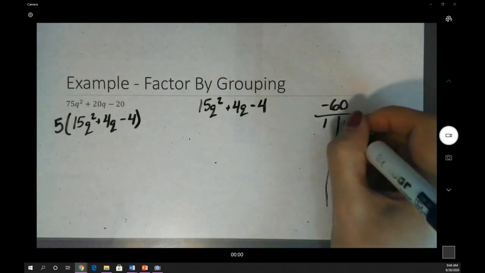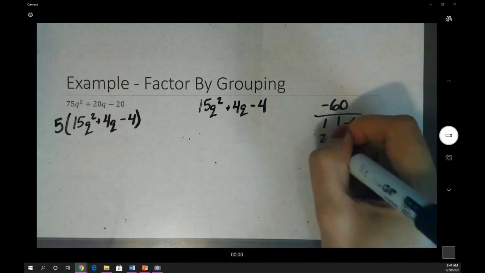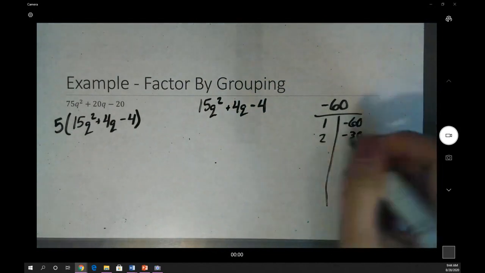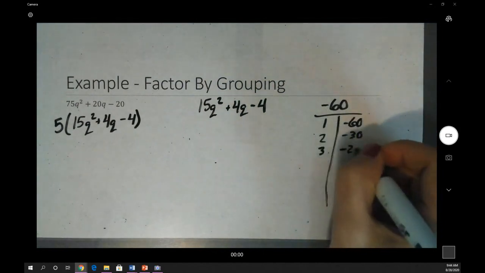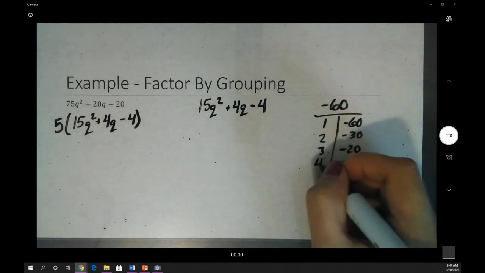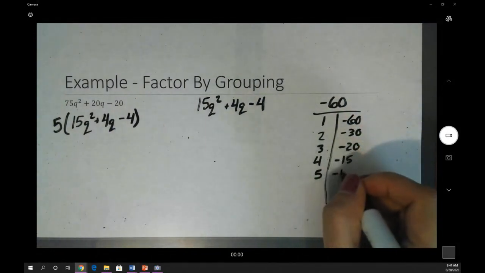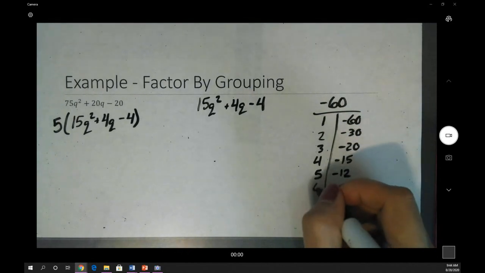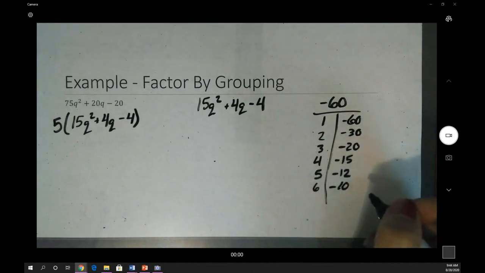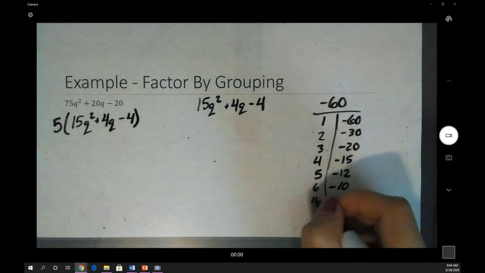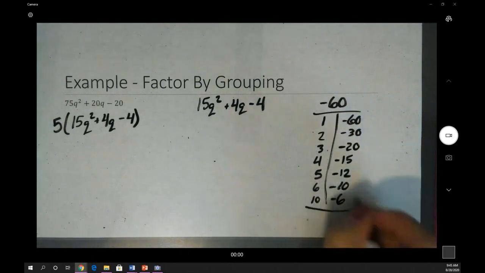We could have a 1 times a negative 60, 2 times a negative 30, 3 times a negative 20, 4 times a negative 15, 5 times a negative 12, 6 times a negative 10, 10 times a negative 6, and that's the one I want.